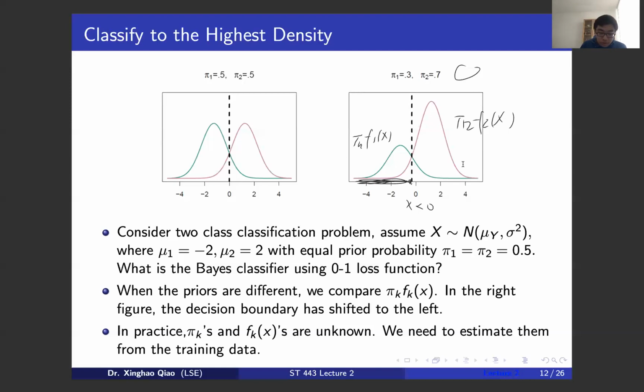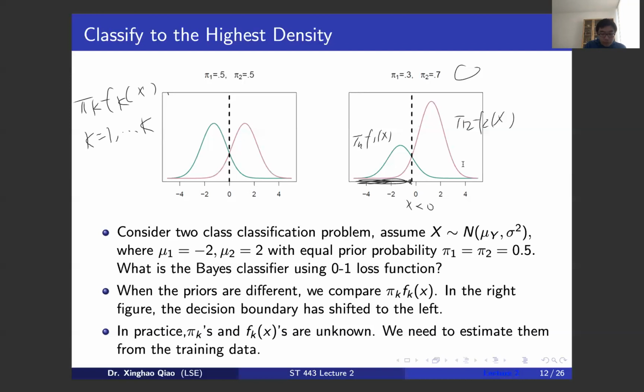So this is an illustration of how we can make our classification assignment. That is, we just calculate pi k times fk of x for all the possible classes, k ranging from 1 up to capital K.